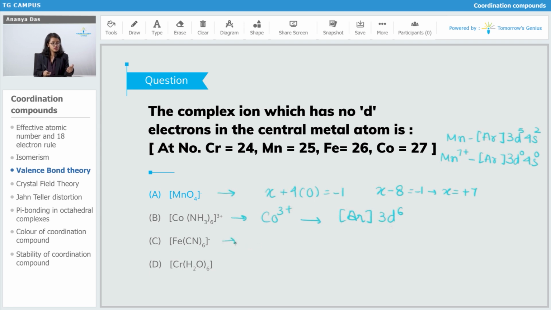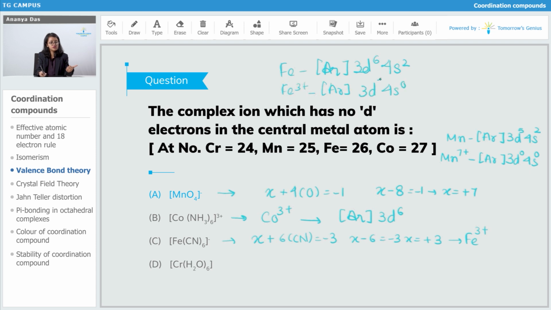In your third, this is x plus 6 into CN is equal to minus 3. So x minus 6 is equal to minus 3, which gives you x is equal to plus 3. That means iron is present as Fe3 positive in this complex. Iron originally has an electronic configuration of Ar 3d6 4s2. Fe3 positive means 3 electrons have been taken away from iron. That means 2 electrons will be taken away from 4s and 1 electron from 3d, which leaves you with 3d5.